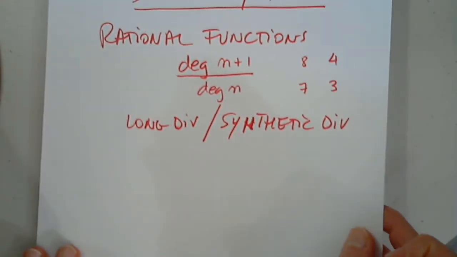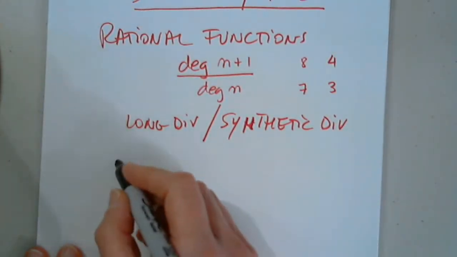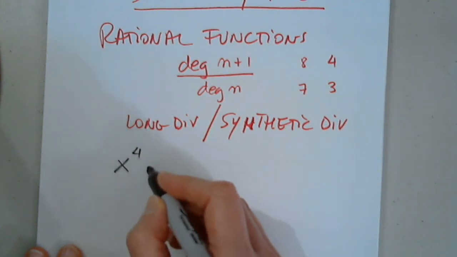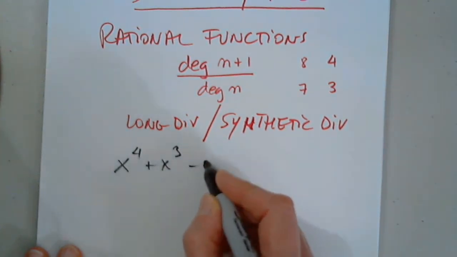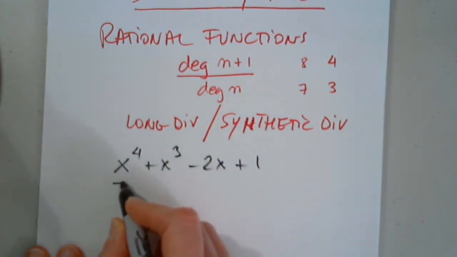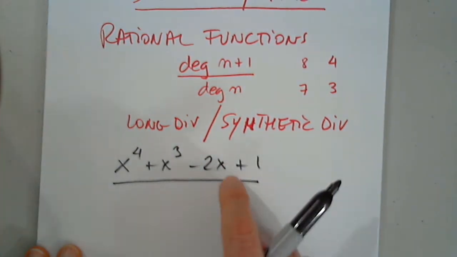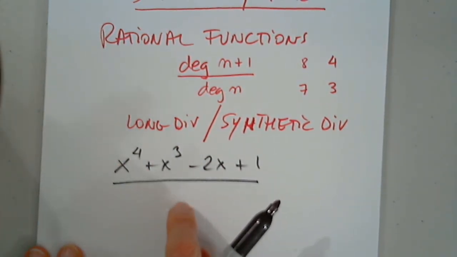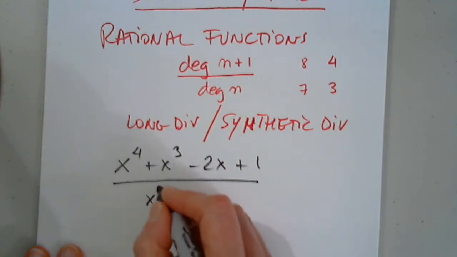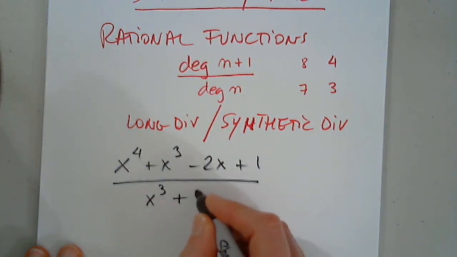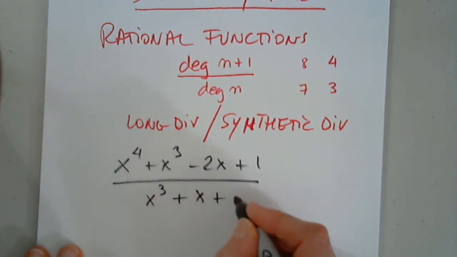Okay. So, for example, if I have x to the 4th plus x cubed minus 2x plus 1 divided by, if this is degree 4, this has to be degree 3, so I'm going to say x cubed plus x plus 1.